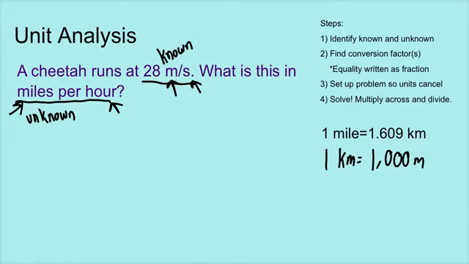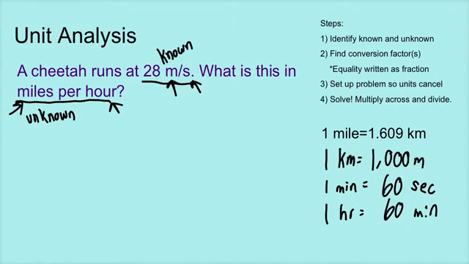Okay, that's something that you need to know. I'm also going to have to go from seconds to hour. So I don't know seconds to hour off the top of my head, but I do know that 1 minute is 60 seconds and 1 hour is 60 minutes. So that's 4 different conversion factors.